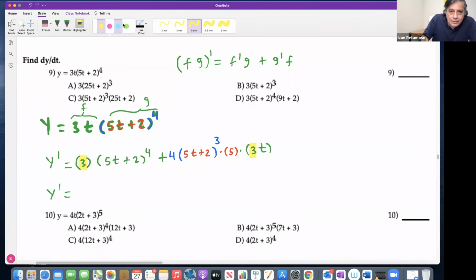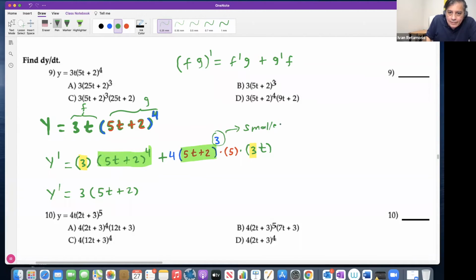Now, notice also that this, (5t + 2) raised to the 4th power, appears here as (5t + 2) raised to the 3rd power, right? This is another repetition. So the greatest common factor should be 3 times (5t + 2) cubed. You always take the one with the smallest exponent, 3 compared to 4.